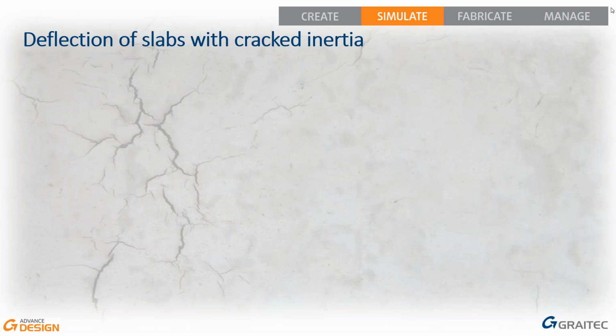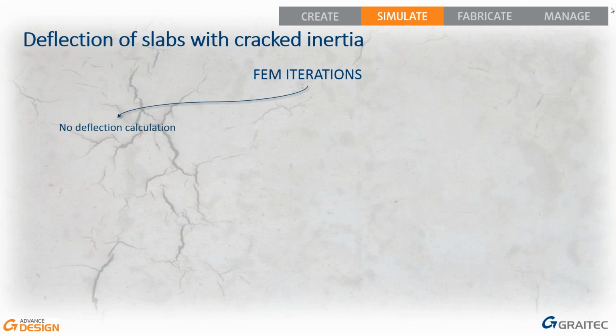And on to the next topic, the deflection of slabs with cracked inertia. The keyword to that task are FEM iterations actually. So it's not only the design, but it also considers the preparation and calculation of your analytical model. So imagine the two scenarios.